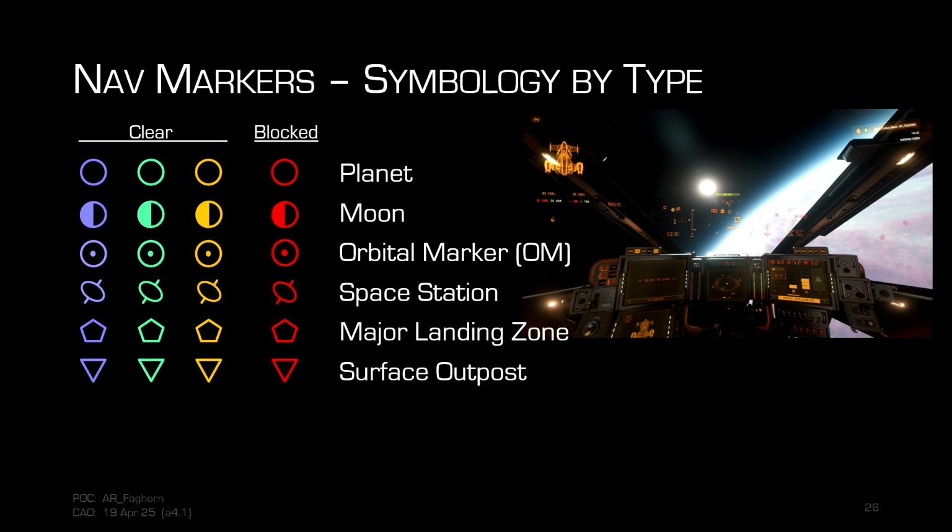The colorations have not changed. If you have a clear line of navigation to them, they will be whatever the color of your spacecraft manufacturer's company color is. And if it's blocked, it'll be red to say, hey, it's blocked.